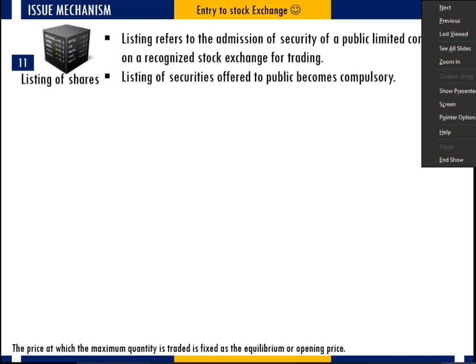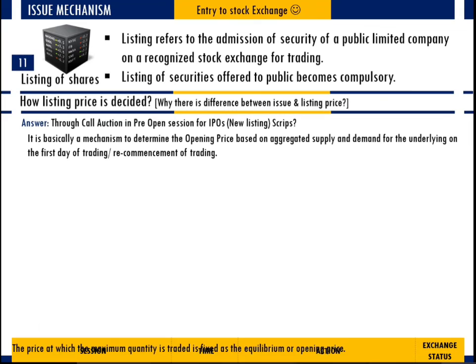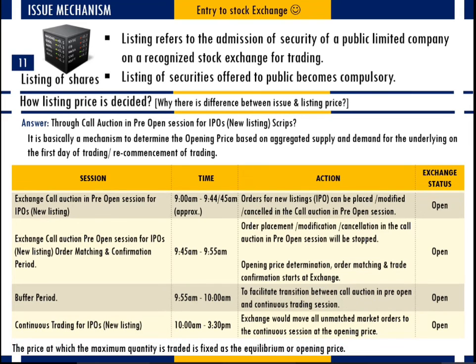So even before the shares are available for trading to the public, there is a bidding that takes place between 9 to 9:45. So from 9 to 9:45, all the bidders, all the stockbrokers will bid for the price. Some sort of an auction happens, and the average price during the auction is decided as the listing price.